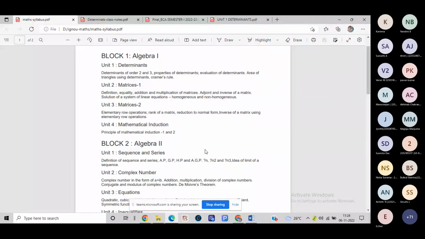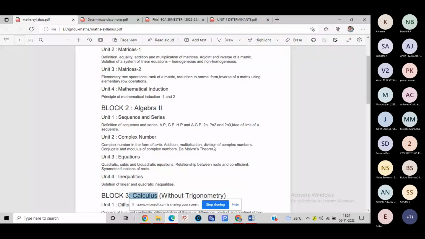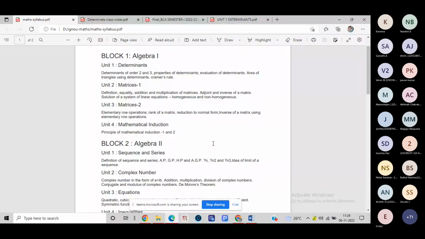If you want to get marks without hesitating, block 1 and block 2 are simple for getting marks. Whatever you learned at school level or PUC level, it is the same thing, just the representation of that mathematics. Here there is a little bit of addition.